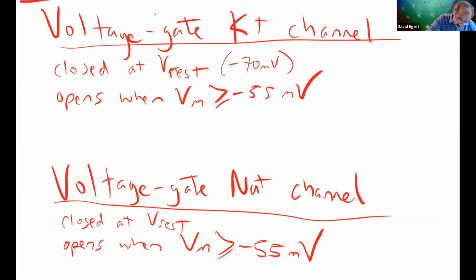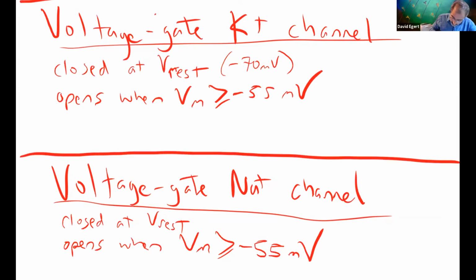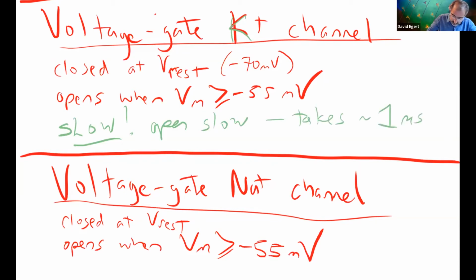The voltage-gated potassium channels are slow. They open slowly, taking about a millisecond. A millisecond sounds fast, but what is a millisecond? One thousandth of a second.